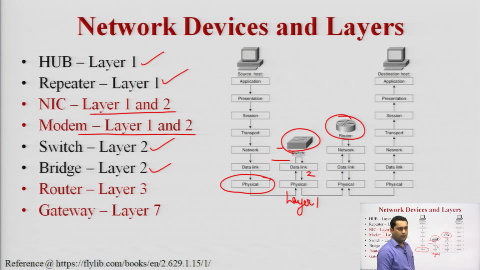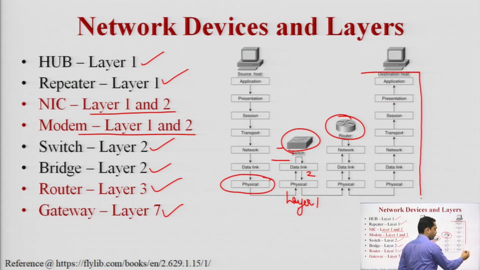Okay. Yes, as I said, some of the modern switches are coming which are giving you much more functionality. So yes, this is integrated with the other devices as well. But when we talk about the traditional use of the switch, it is up to layer 2 only. Similarly, the router is a layer 3 device and the gateway is used at all 7 layers.